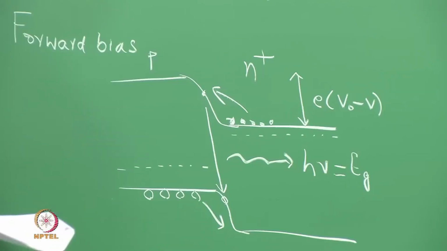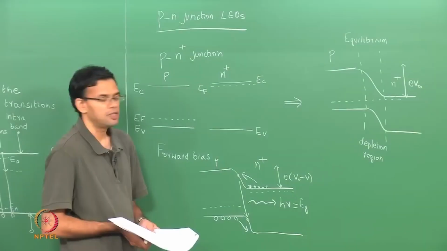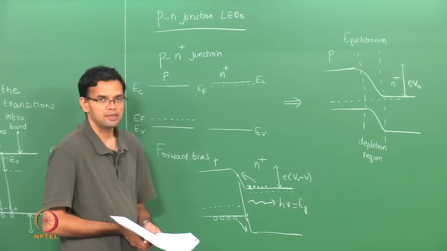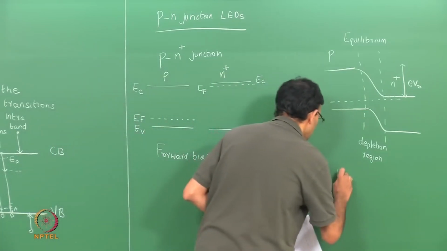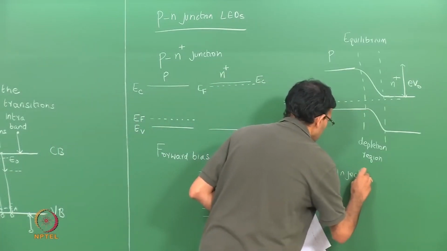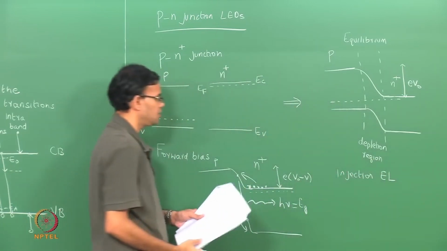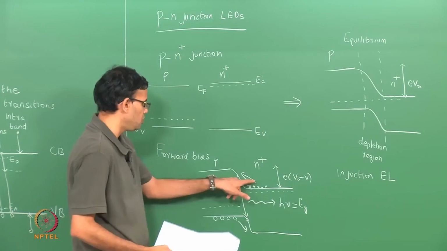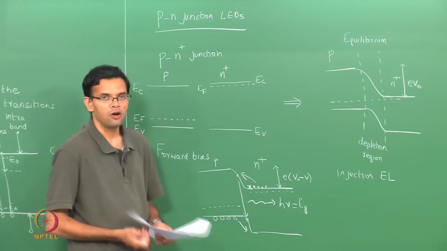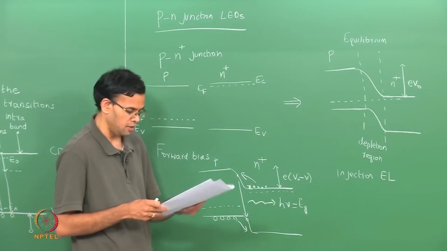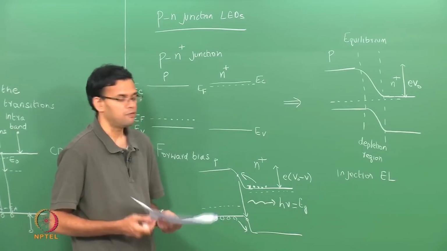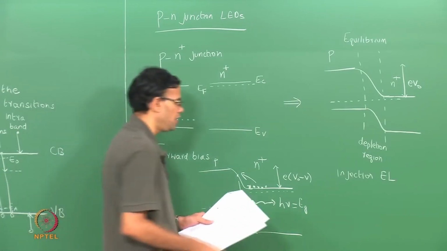So, this is a case of a simple LED where we have just forward biased a p-n junction in order to produce light. This is an example of injection electroluminescence, because we inject carriers, electrons and holes, in order to generate the light. The formation of the light is essentially a spontaneous process.